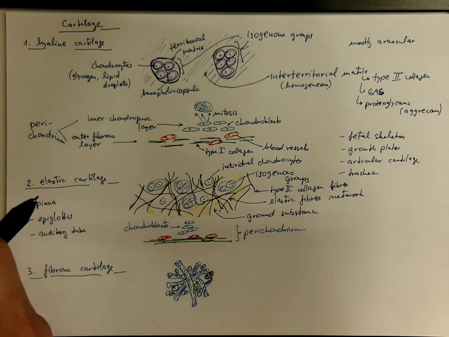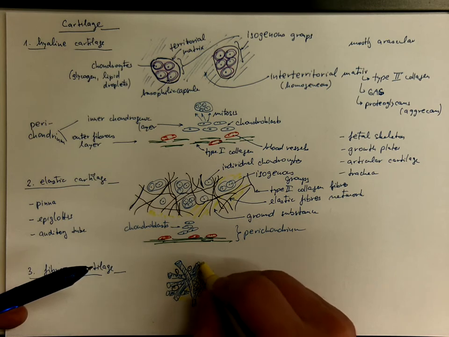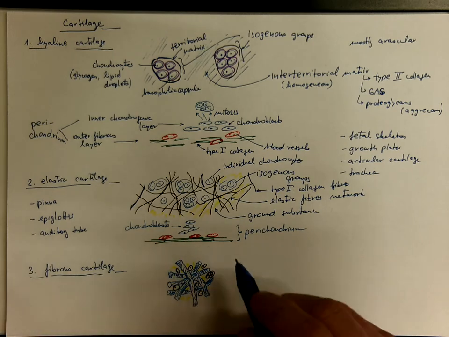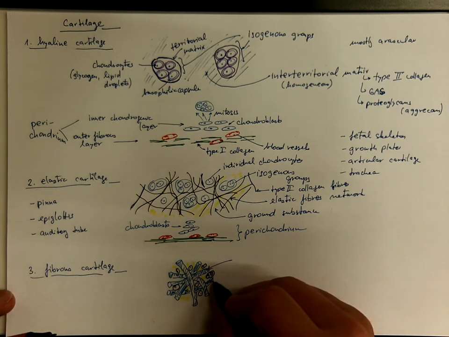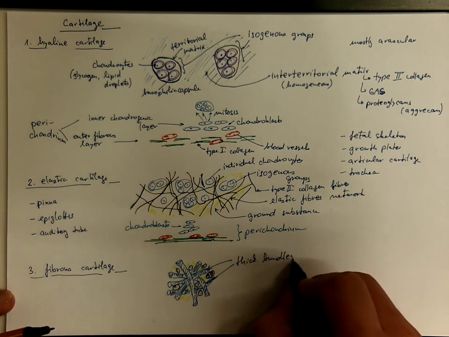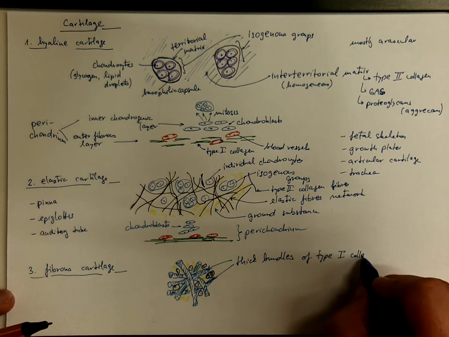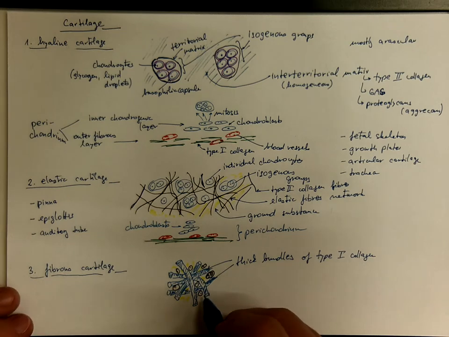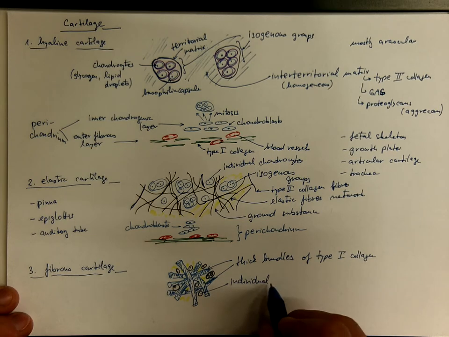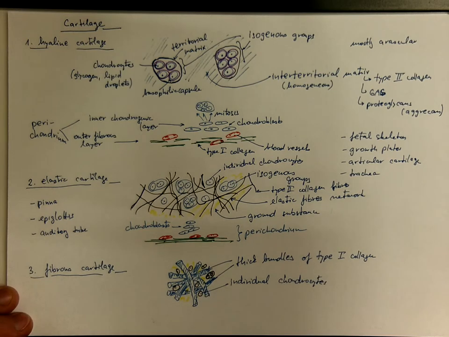There is a low amount of ground substance because most of the tissue is occupied by these thick collagen fibers. So we got thick bundles of type 1 collagen. We got mostly individual chondrocytes. They are very rare.